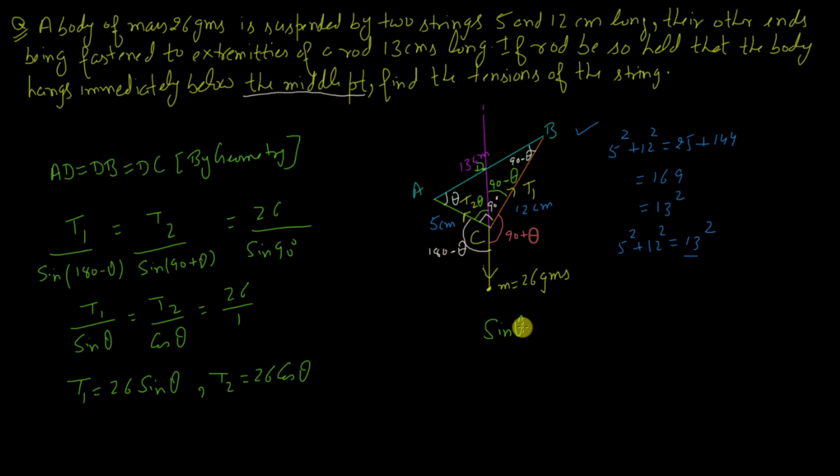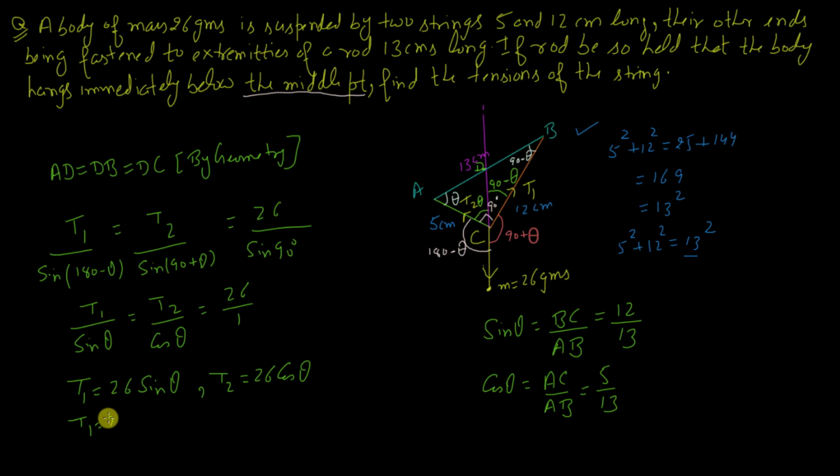So here sine theta will be BC upon AB, and BC is 12, AB is 13. Similarly AC upon AB will be cos theta. This will be 5 by 13. So I am going to put it over here.